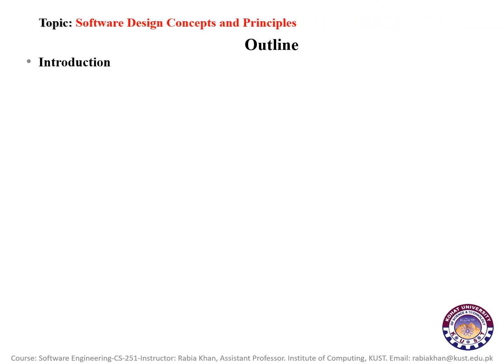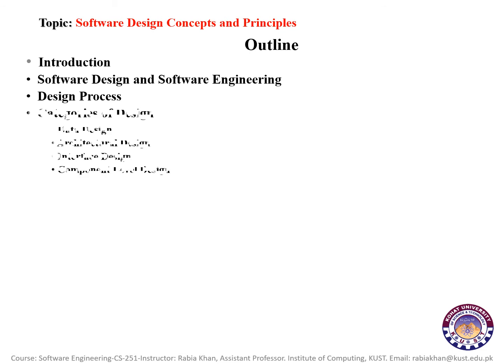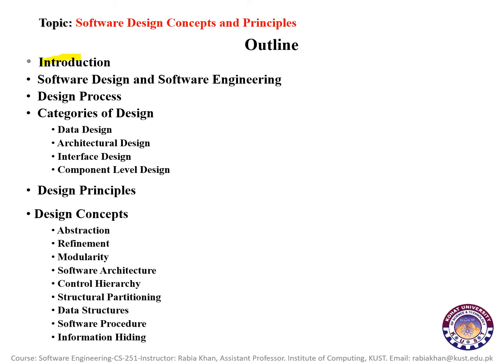First, we need to develop an understanding of the term software design, so we'll have an introduction on the topic. Next, we will discuss and draw a connection between software design and software engineering.